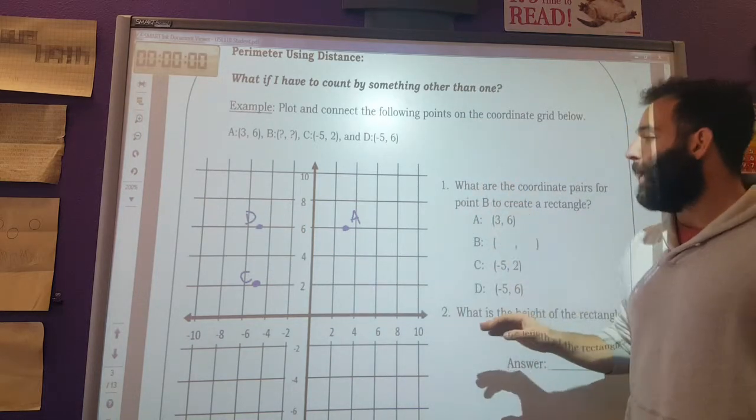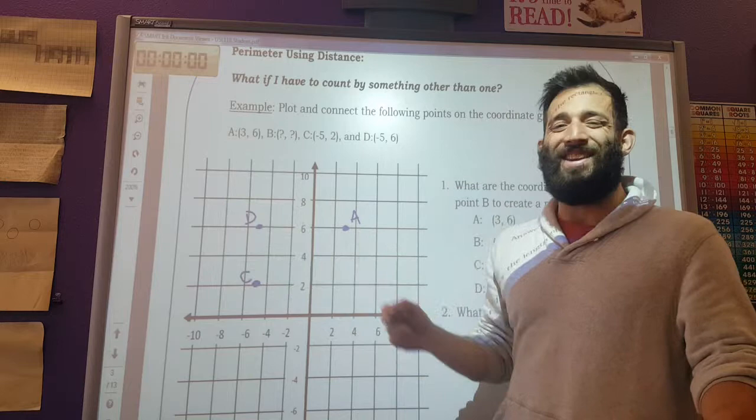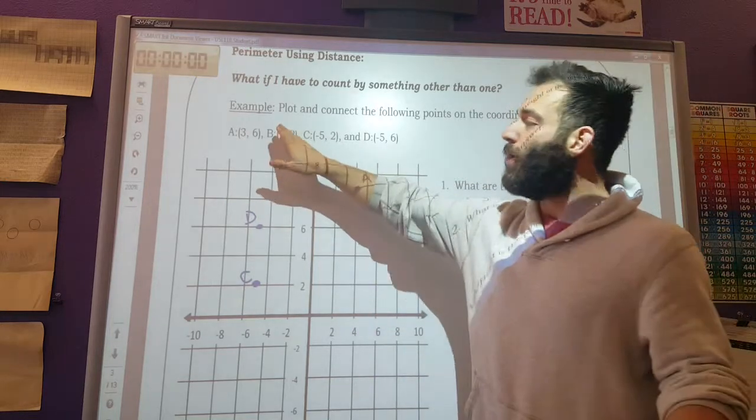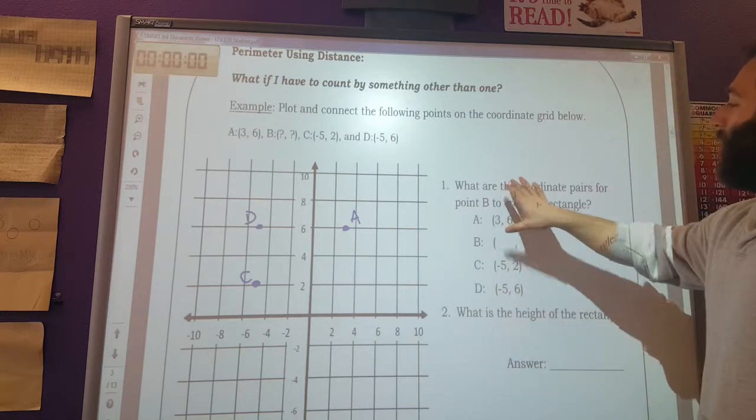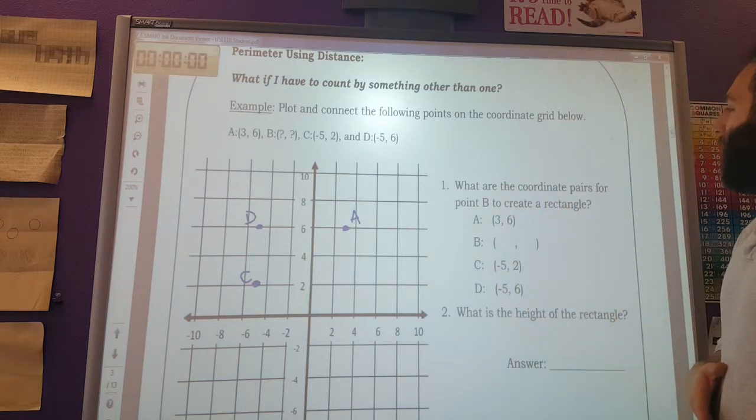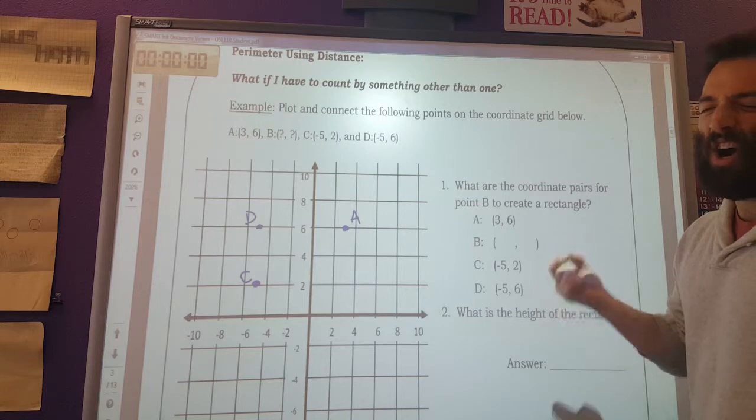So right now I've got my points A, C, and D plotted. I can't plot point B because I'm not quite sure what it's asking me to do yet. Number one, what are the coordinate pairs for point B to create a rectangle?